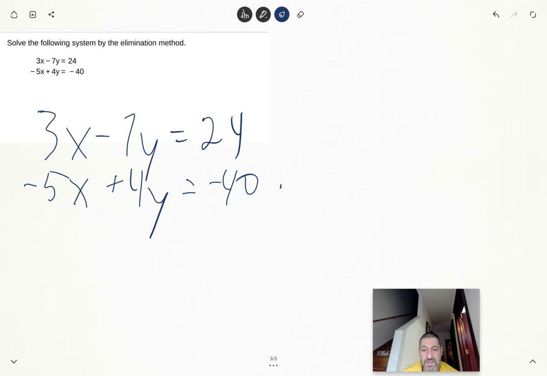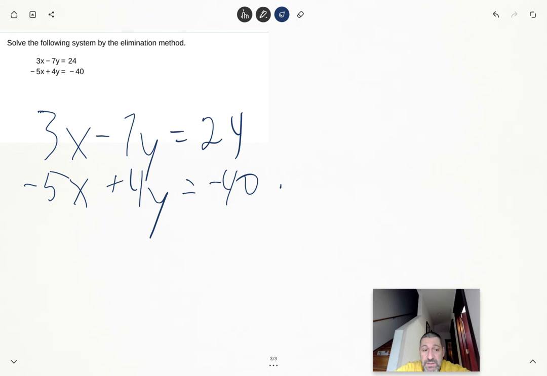So in this situation, I will have to determine two numbers I can multiply both equations by to get a variable to cancel out. I can either cancel out the x or the y at this point, so I just have to come up with a common multiple. I see 3x and 5x have a common multiple of 15.